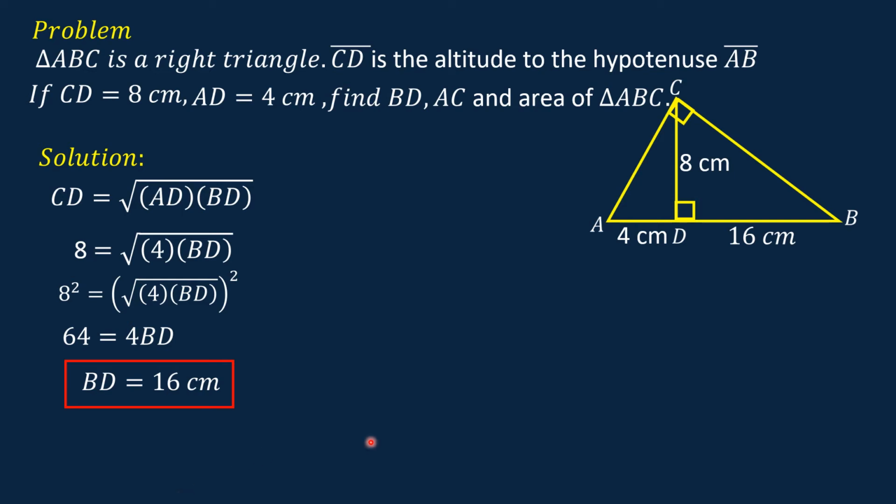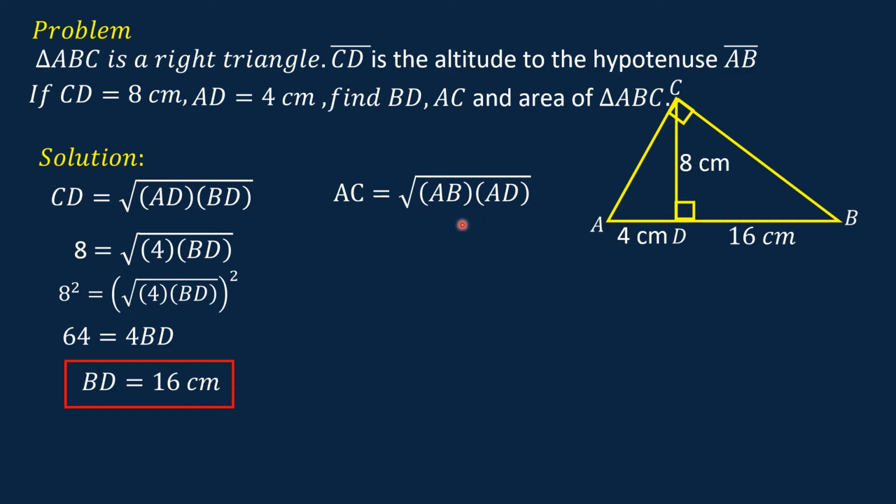According to the geometric mean theorem, this leg AC is the geometric mean of the hypotenuse and the segment adjacent to AC. So, therefore, AC is equal to the square root of AB times AD.